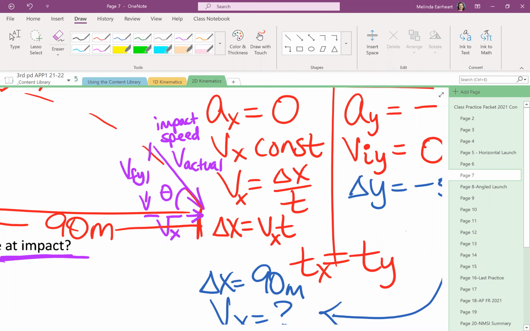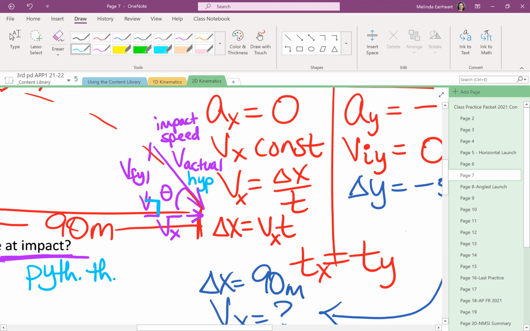Now notice horizontal and vertical by nature, X and Y, those are perpendicular to each other. Look at that as a triangle, a right triangle. Gee, if only I knew the two sides of that triangle, how could I find the impact speed, which kind of looks like a hypotenuse to me? Somebody say the P word. Pythagorean. And so we're going to be using Pythagorean theorem.